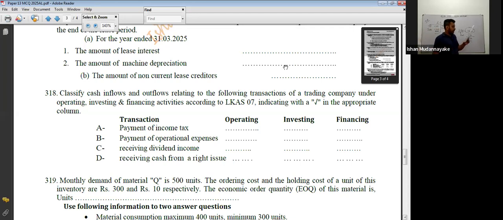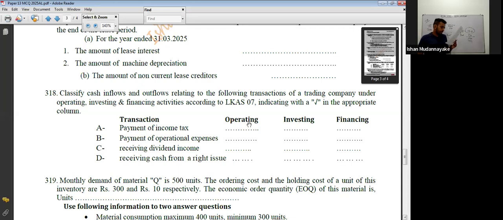Payment of income tax, operating cash flow. Payment of operational expenses, operating cash flow. Receiving dividend income, investing activities.